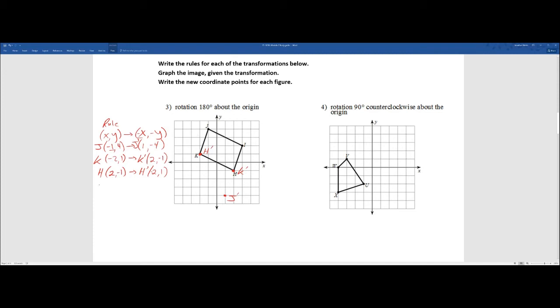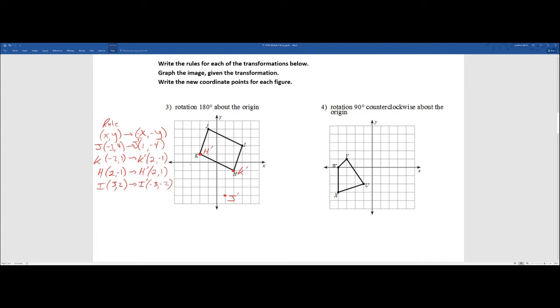Okay, next thing's up, last point, point I. We're at 3, comma 2. Let's apply the rule for our image point. So what's negative of positive 3? -3. What's the negative of a positive 2? -2.